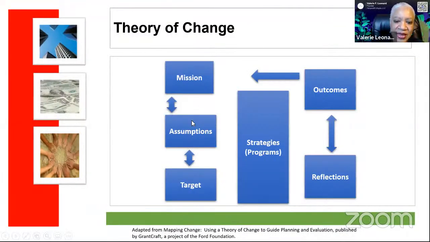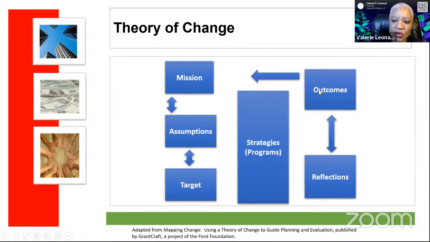All right, so you make certain assumptions based on what's going on in the community. And then after that, you select a target. And then you develop your strategies and programs. And then after you implement the strategies and the programs, you do a reflection, see what worked, what didn't work.